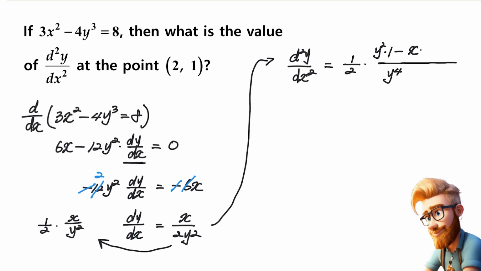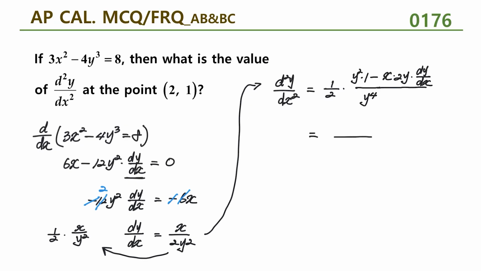So the derivative of y squared is 2y times dy/dx. Right? So that is equal to 1/2 times (y squared minus 2xy times dy/dx) over y to the power of 4, where dy/dx is x over 2y squared, right? So instead of dy/dx, I'm going to write x over 2y squared.